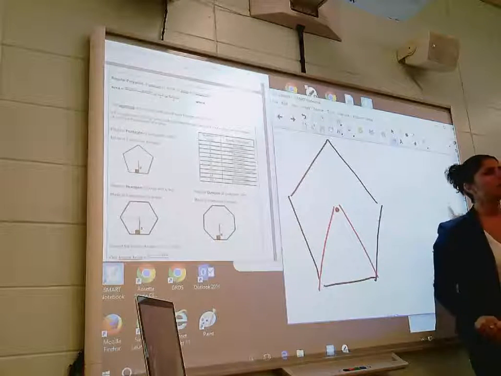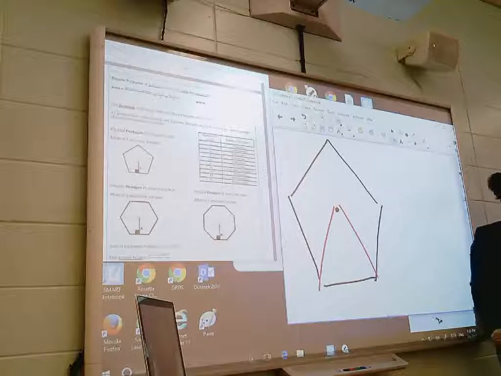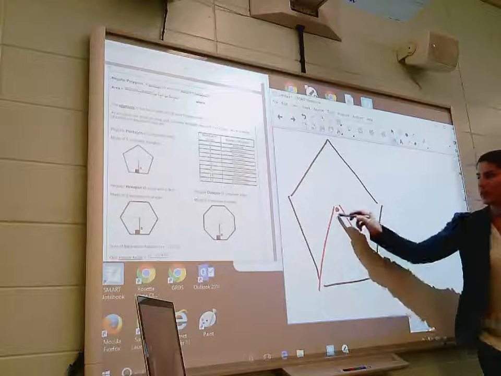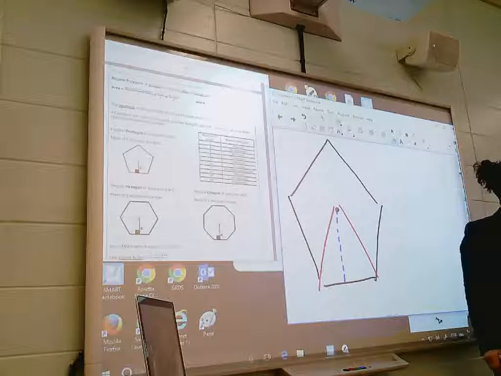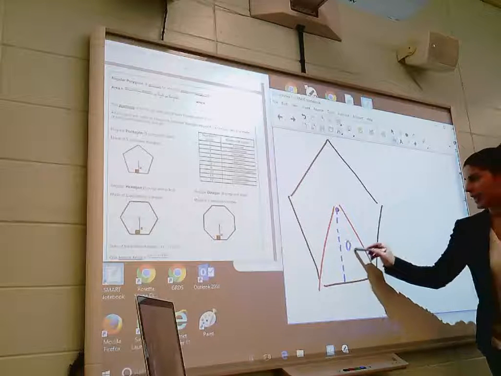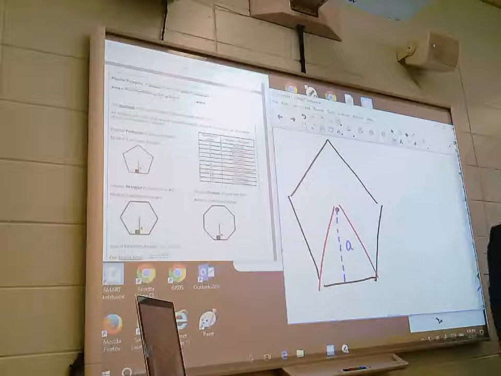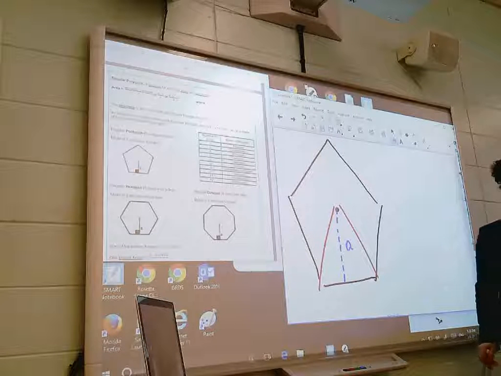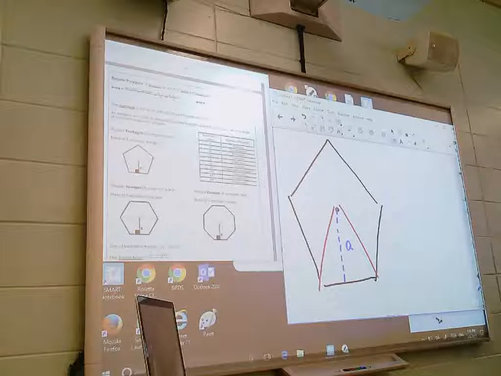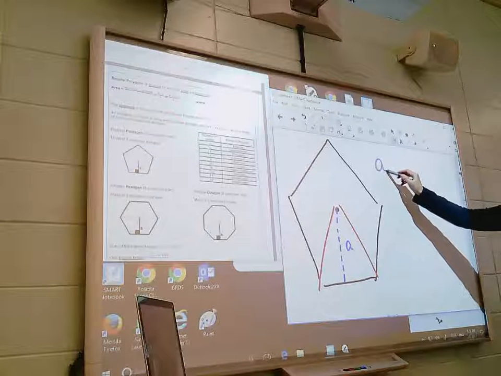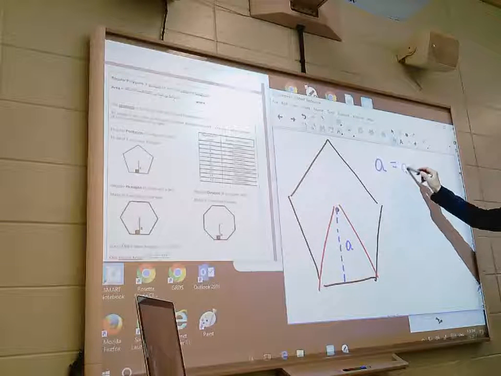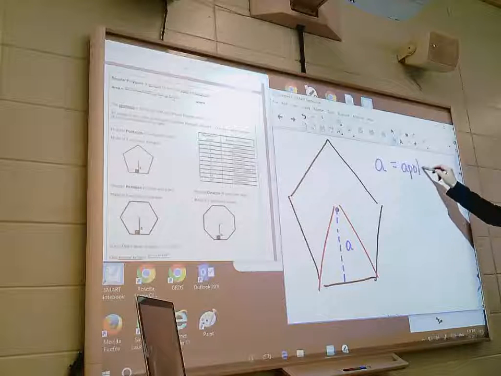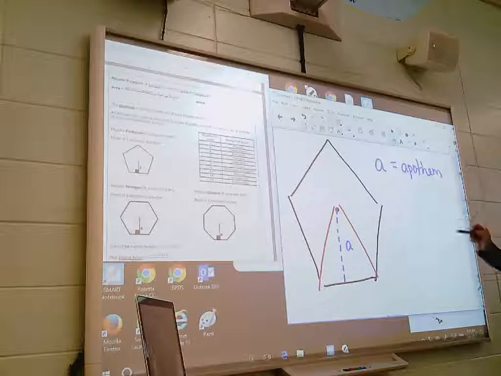And now I want you guys to notice that what we called the height before is not the height, it is the apothem. Some people say apothem, some people say apothem, potato, potato, I don't care what you call it. I'm going to call it the apothem. Little a is equal to the apothem, because the big A represents what?